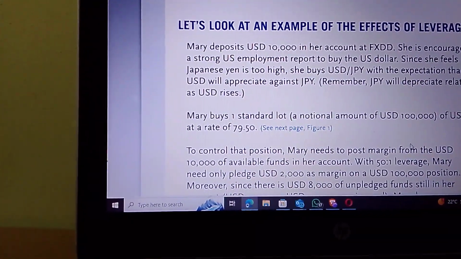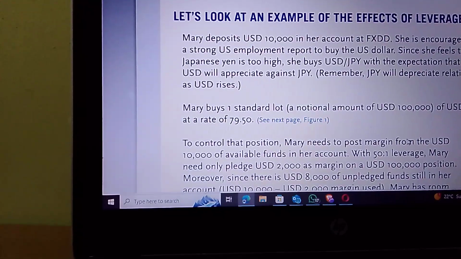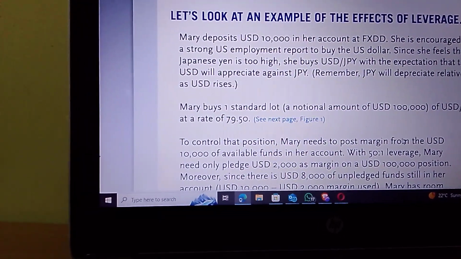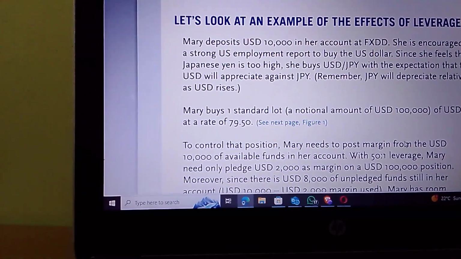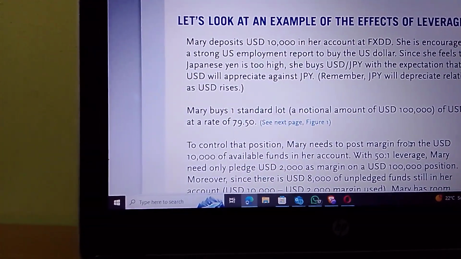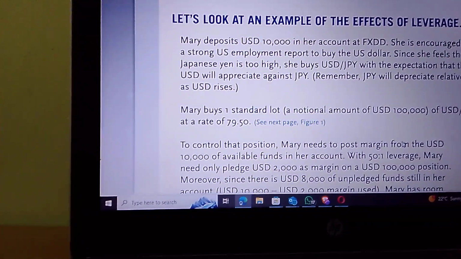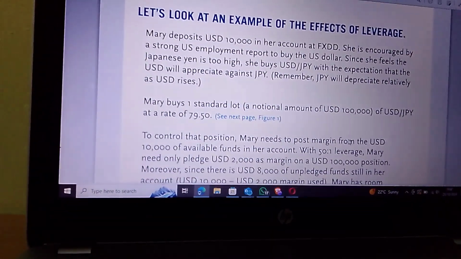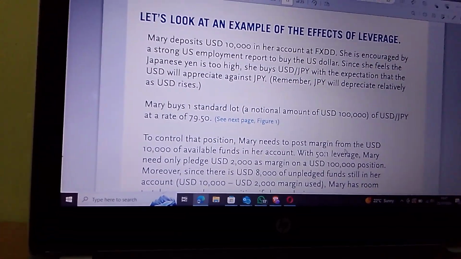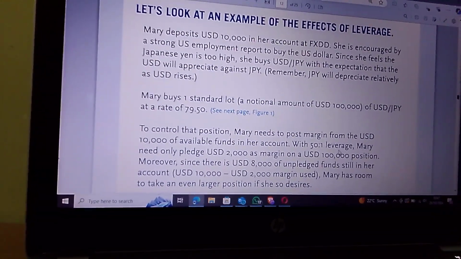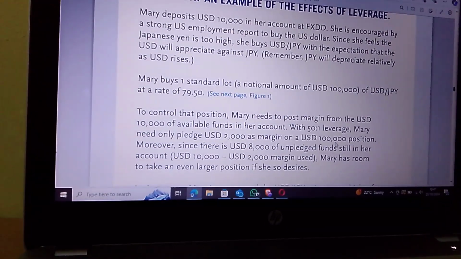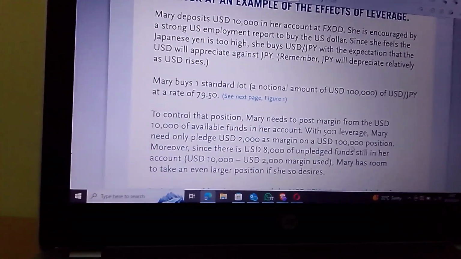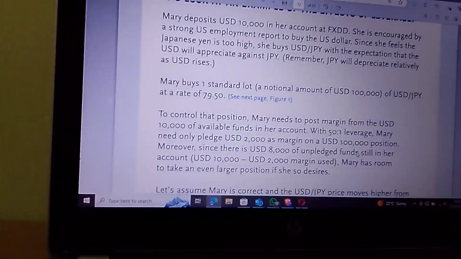Let's look at an example of the effects of leverage. Mary deposits 10,000 USD in her account at FXDD. She's encouraged by a strong US employment report to buy the US dollar. Since she feels the Japanese yen is too high, she buys USD JPY with the expectation that USD will appreciate against Japanese yen.